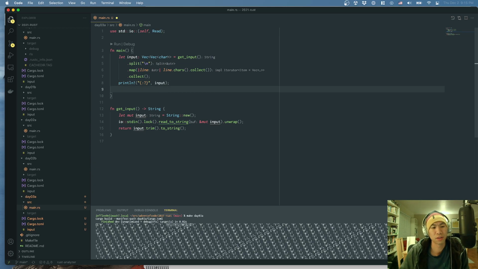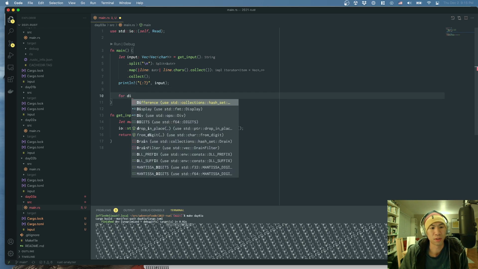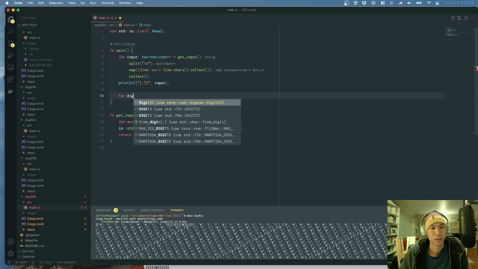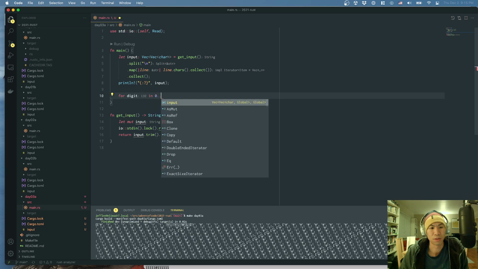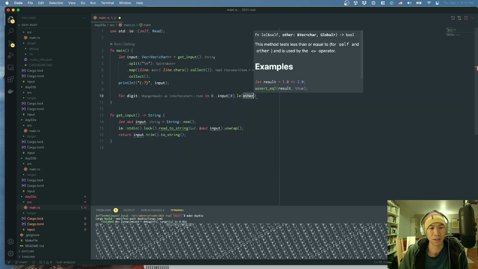So let us iterate over, let's say, for digit in 0 to the size of the interior vector, which is really 12, but I don't want to use the knowledge of that. So let's just say input 0 dot len.